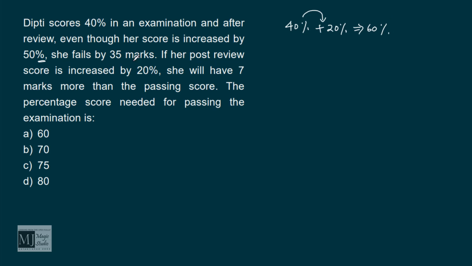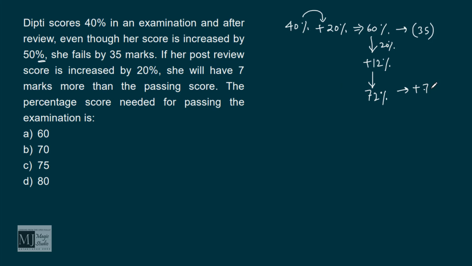She fails by 35 marks. 60% means failing by 35 marks. If her post-review score, that is 60%, is increased by 20%, so 20% of 60% would be 12%. If we increase her score by 12%, that is now her score is 72%, she will have 7 marks more than the passing score.